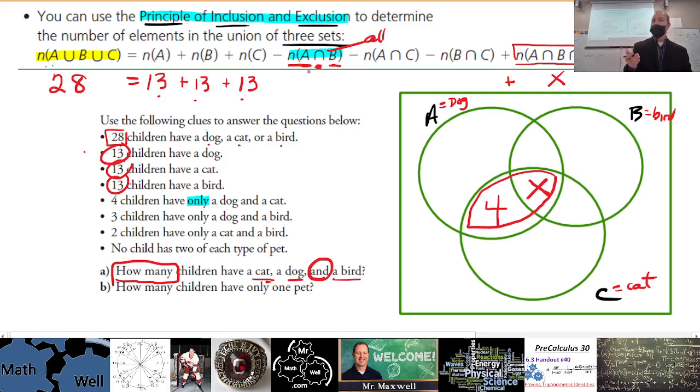And that something is going to be 4 kids plus x, or some unknown number of kids. So this is going to be 4 plus x. And that's the tricky part. Now we've got to the tricky part of this section. Okay? This type of question where there's an unknown buried in this. Any questions?